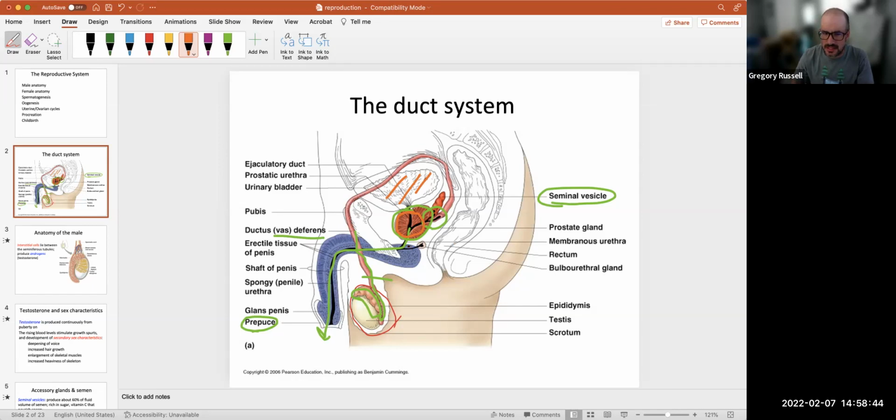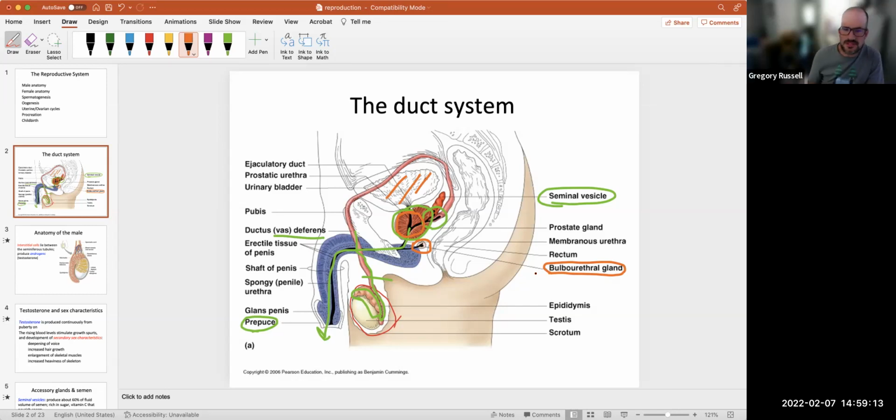And the cleansing secretion is created by this really small gland back here called the bulbourethral gland. It's also sometimes called the Cowper's gland. This bulbourethral gland produces a secretion that passes through the penis before ejaculation, and that allows us to get rid of any residual urine and stuff like that that could potentially cause a problem with sperm viability.